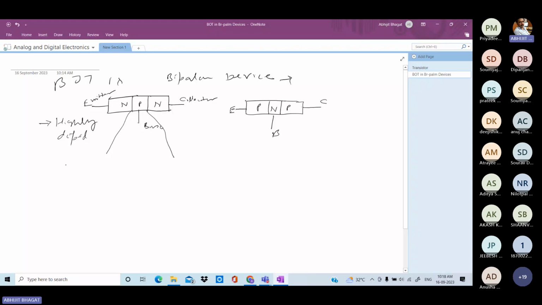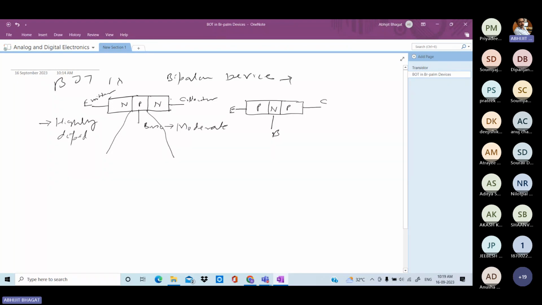Okay. Now next, the collector region: the doping concentration is moderate. It is moderately doped.